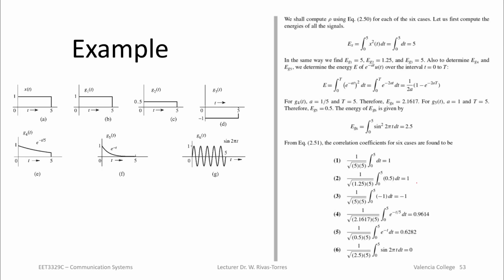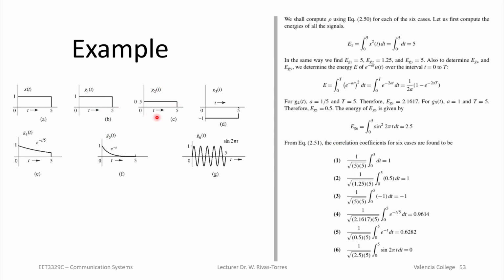A few more comments about this. If I look at the first one, sure enough, it came out to be 1. And for the next one, we said that if we multiply by a constant, it shouldn't change the correlation factor.